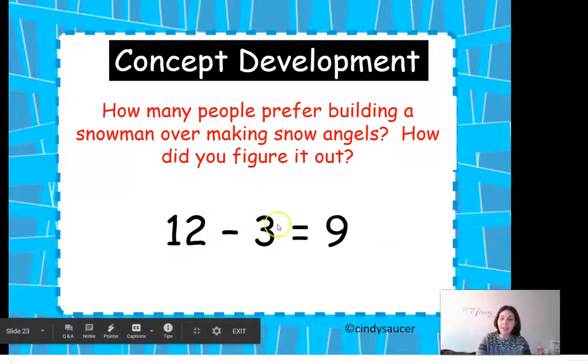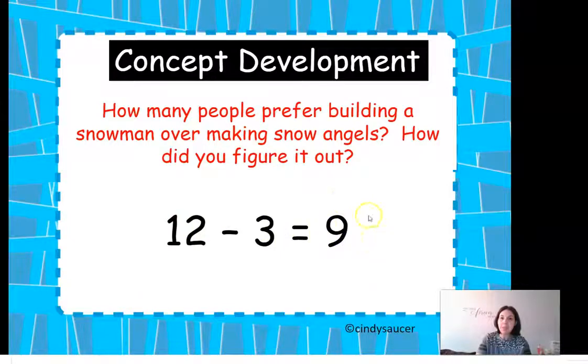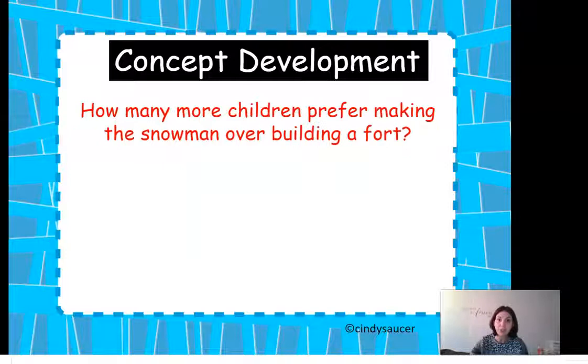If you take that away, that means there were 9 more people who chose building a snowman. They prefer to build a snowman than make snow angels. So we could subtract. When you hear how many more people prefer building a snowman, that tells you you're going to subtract. Usually.